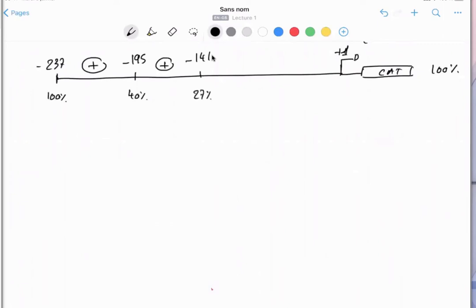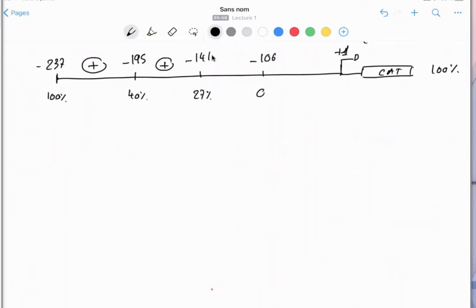All right, then we go on and they make the last construct, which is 106. So 106, you see that, okay, I put almost 0 because the value is 5%. And you see the control without any promoter is 7%. So no more activity.